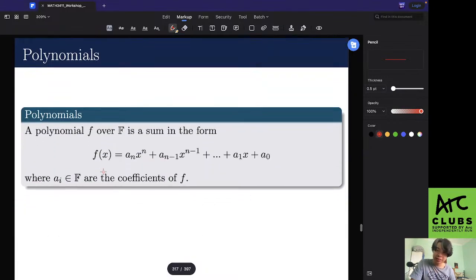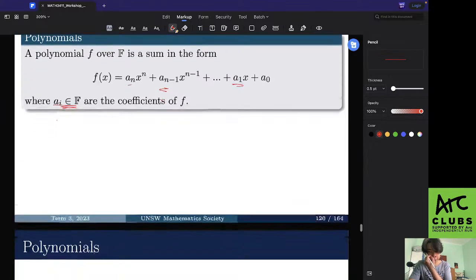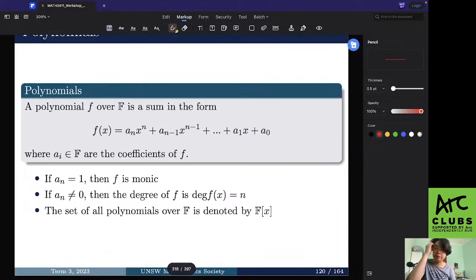We also have polynomials. You know what a polynomial is. The main difference is just that the coefficients have to be part of the field. And we have some other definitions for polynomials, such that if the first coefficient is a 1, then the whole polynomial we call monic.